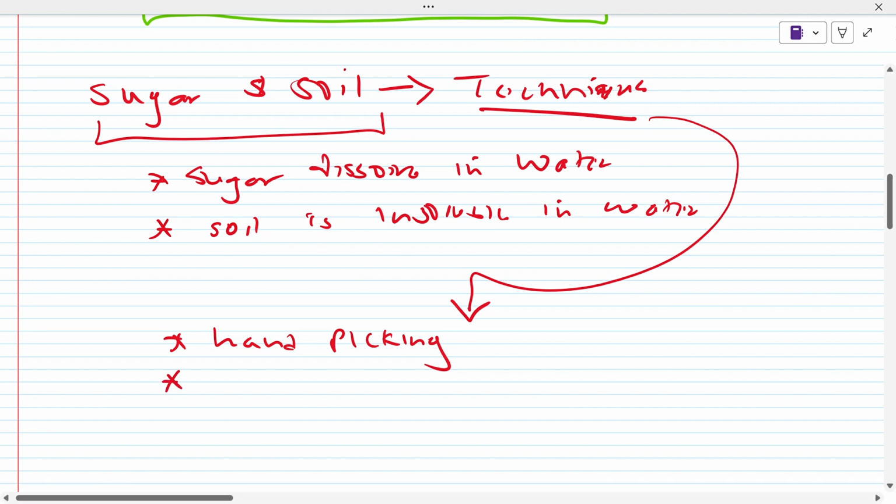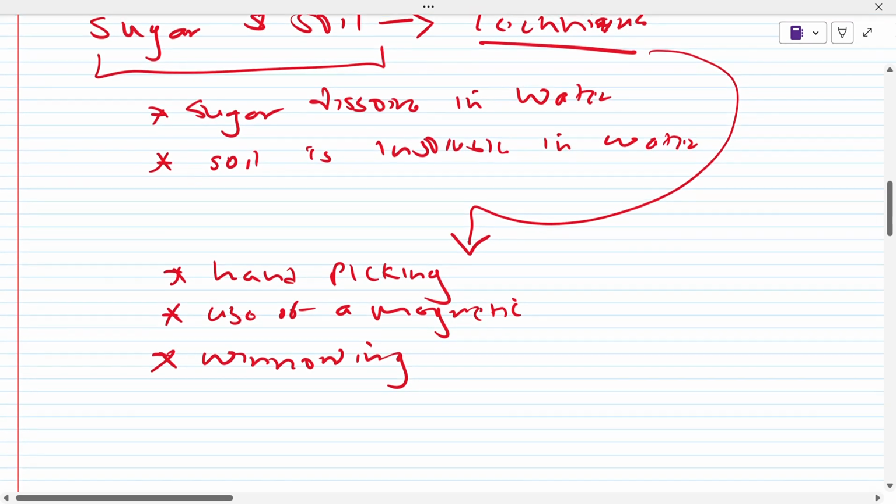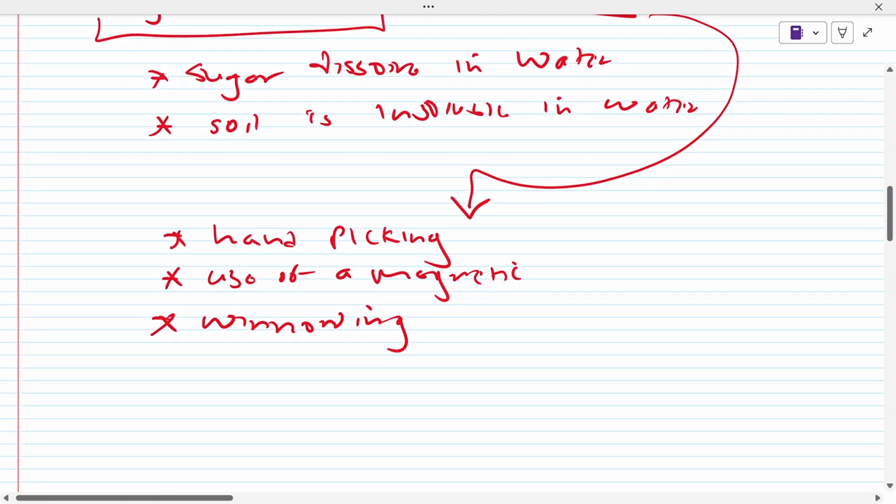I'm going to list all the solid mixture separation techniques that we have, then we are going to pick the most appropriate one. The first one is hand picking. I can use a magnet. Use of a magnet is also a technique. Winnowing is also a technique. Then I can use decantation. I can use winnowing, hand picking, and decantation.